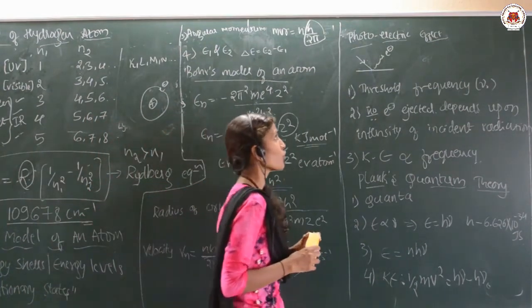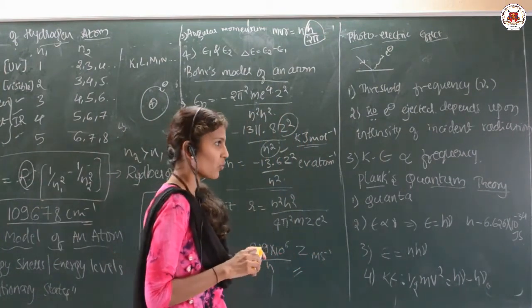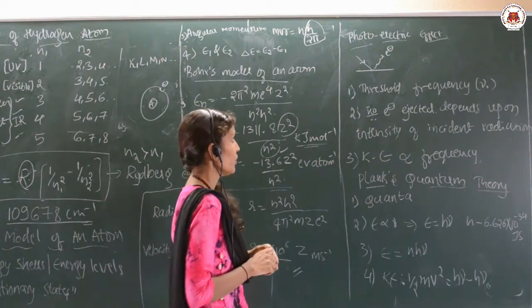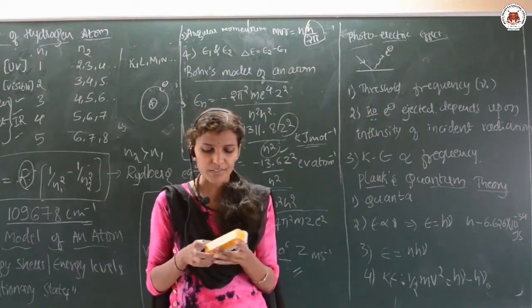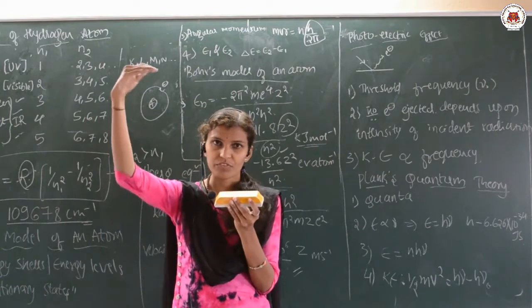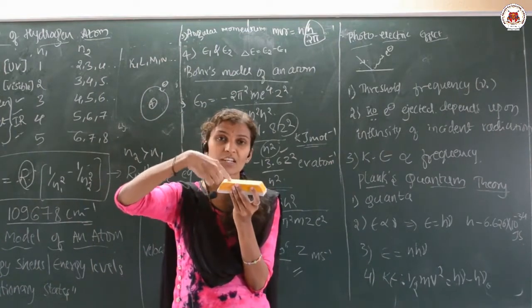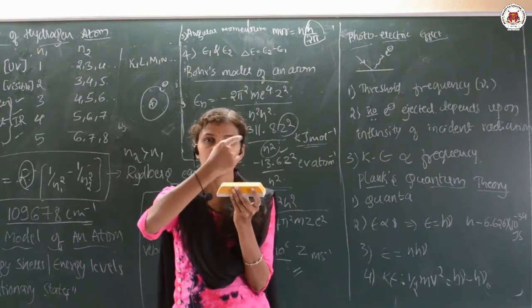Next, photoelectric effect. See here, the photoelectric effect was observed by the scientist Einstein, and what is the photoelectric effect? Let us consider this as a metal surface and some radiation falls on this metal surface, so that the electrons from the metal surface are ejected.